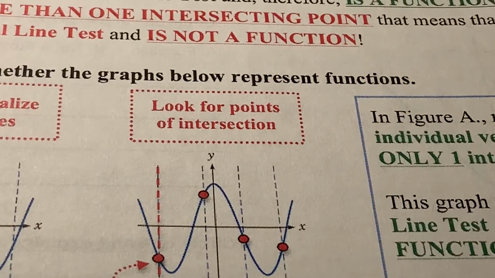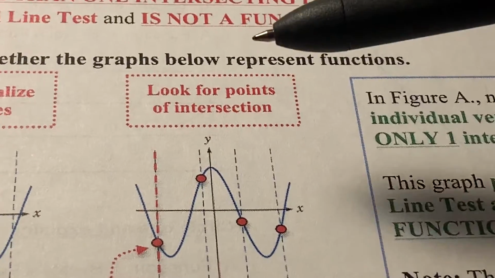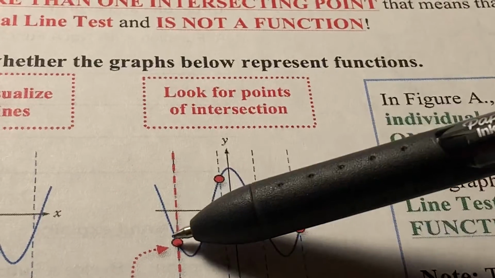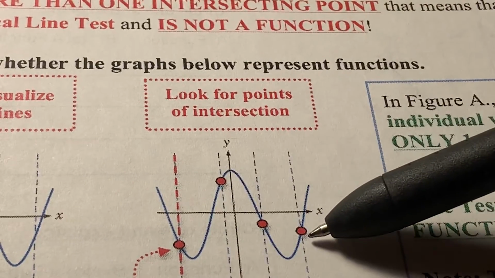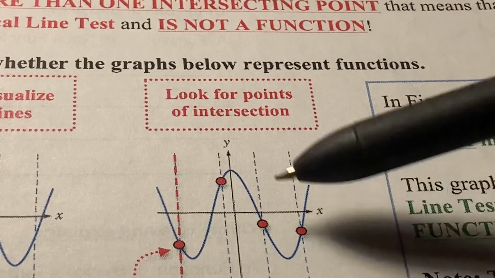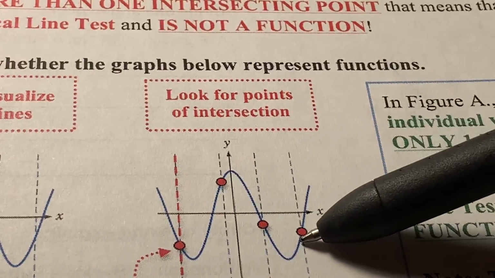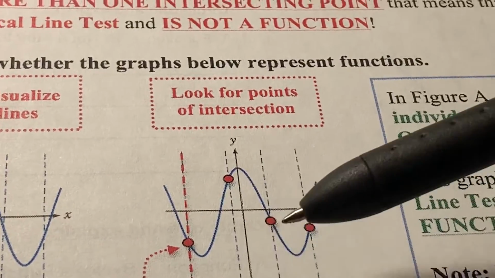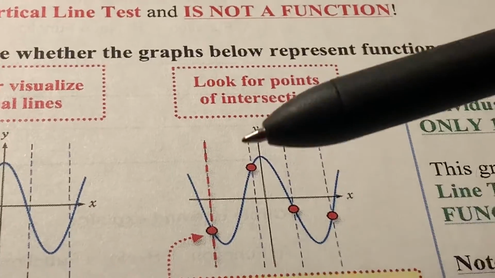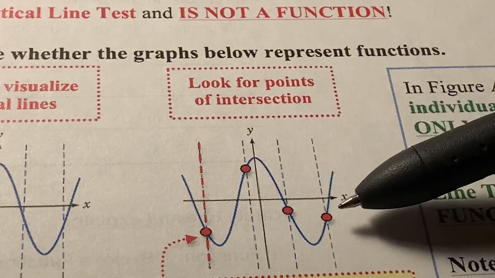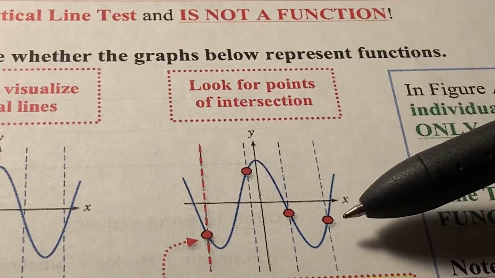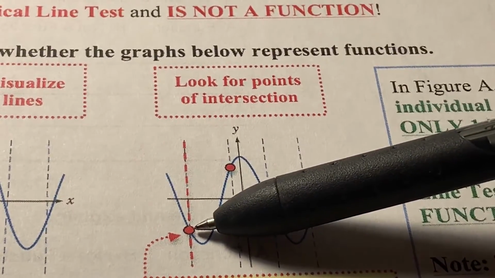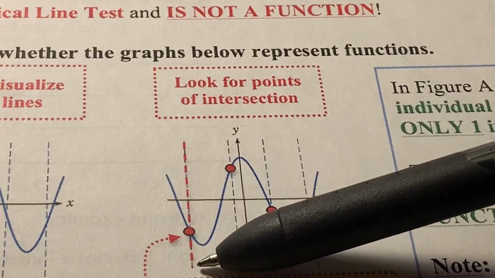Now, ladies and gentlemen, even though I see 4 vertical lines here and 4 intersecting points, let's be clear. Each of these intersecting points is on one individual line. So don't say, oh, Mr. Barbier, I see 4 intersecting points. No, you only see 1 intersecting point for 1 vertical line.